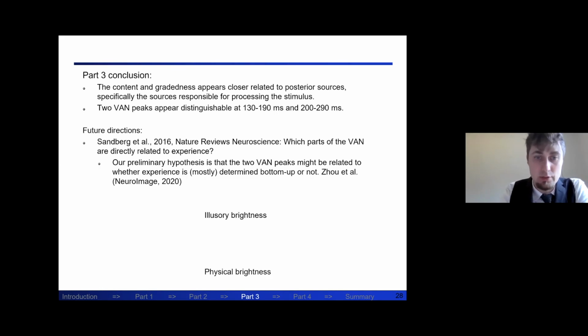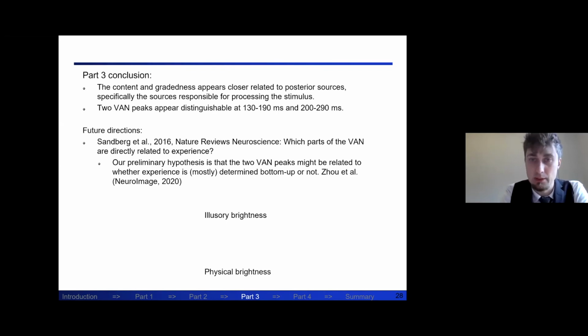So in this 2016 paper with Michael Pitts and Stefan Fressler, a brief one-page Nature Neuroscience commentary, part of the question we are asking is which parts of this VAN are related directly to experience.